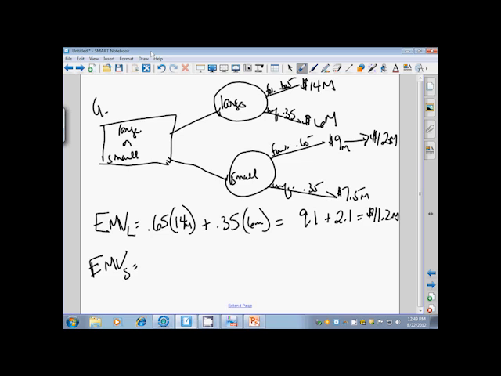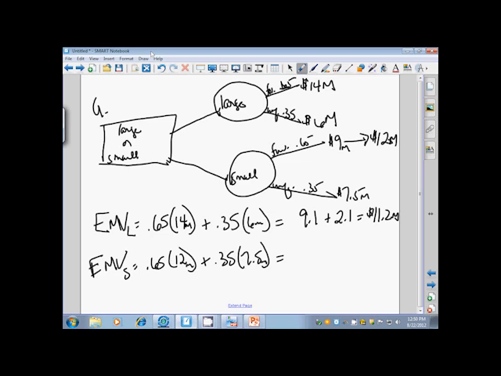For the expected monetary value of the small facility, we need to think a minute. If it's a favorable environment, we're going to expand. So let's use that information. If it's a favorable environment, the same probability, 0.65, with an outcome of 12 million, plus an unfavorable, we're not going to expand if it's unfavorable, but it'll be worth 7.5 million.